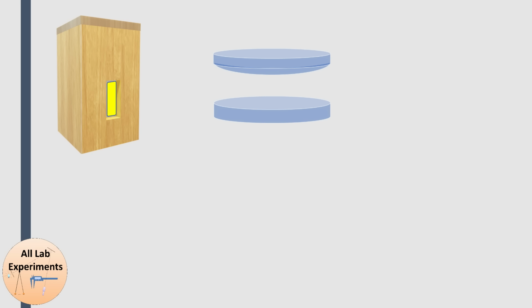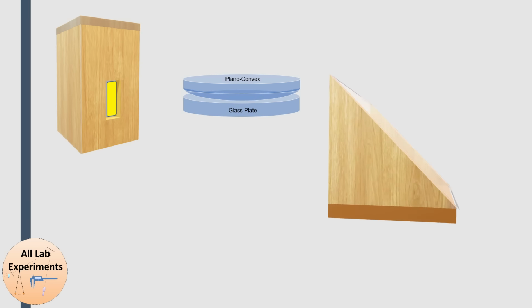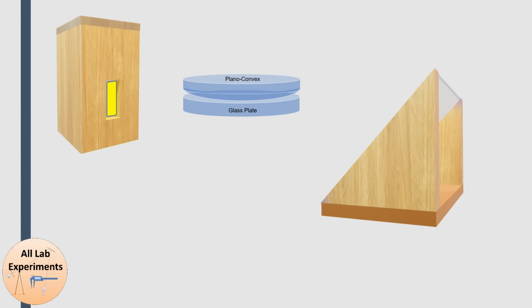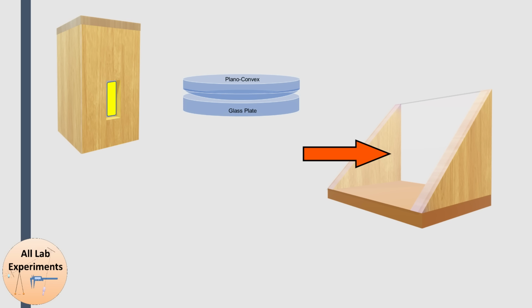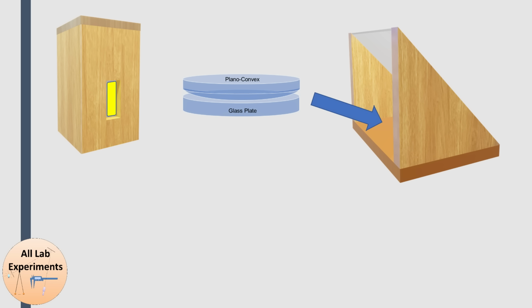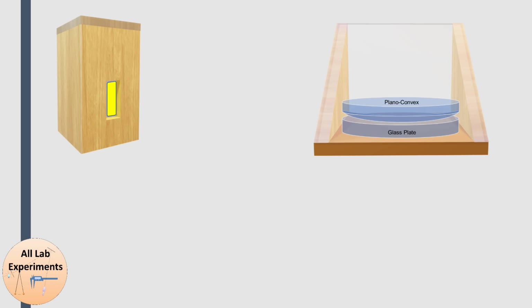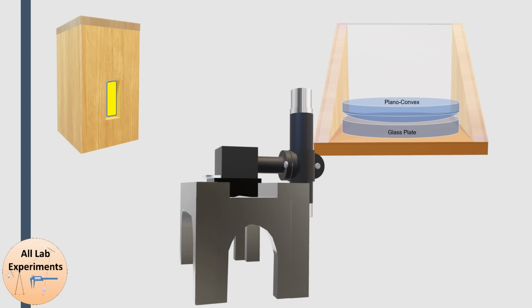So we put the convex side on the flat glass slab. Now we also have a wooden structure like this in which at 45 degree there is a transparent glass. Now we can turn this and put this arrangement of glass plate and plano-convex plate in this, and this will become like this. Along with this, we also need a traveling microscope.